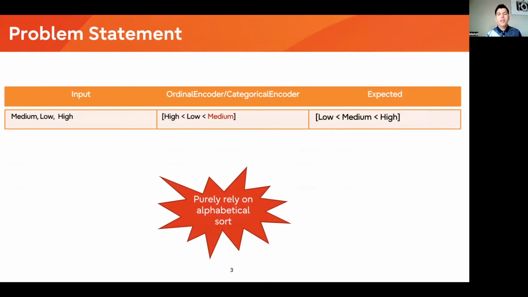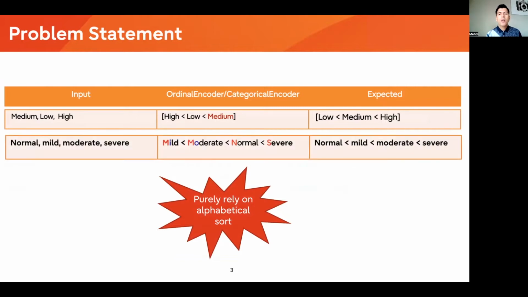That's how encoding works in these functions. However, when we look at ordinal features, we expect some semantic order, which is completely different from alphabetically sorted values.